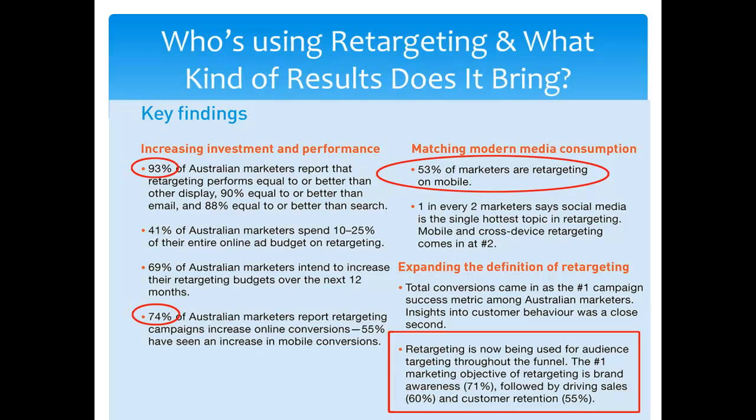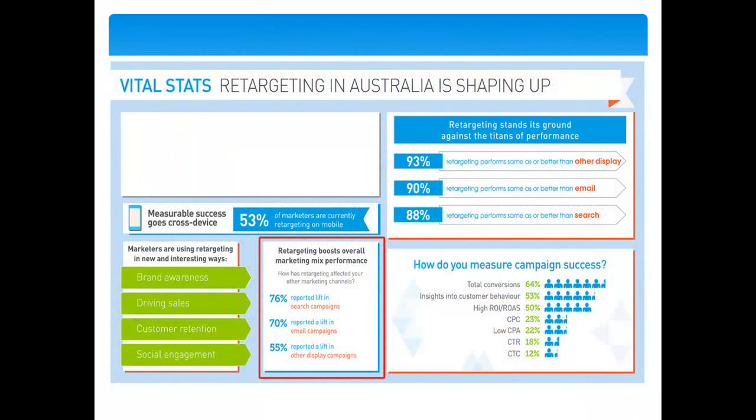If you look down here in this box, it talks about why people are using it, and it's interesting to notice that most businesses are using it for brand awareness, followed by driving sales and customer retention and so forth. So it's happening in a big way right now, but it's only going to get bigger in the future.